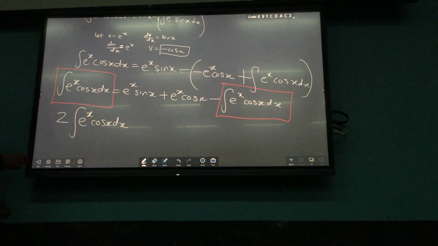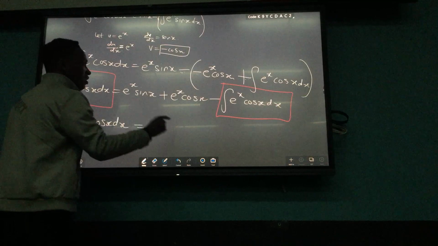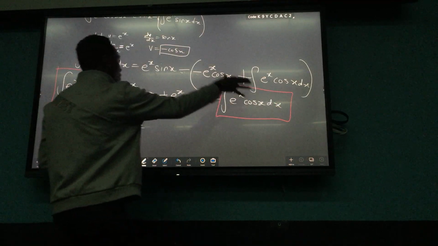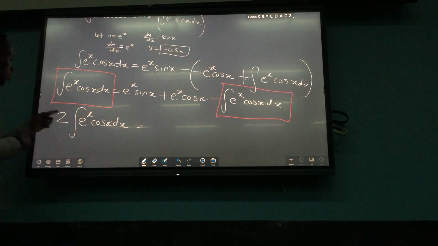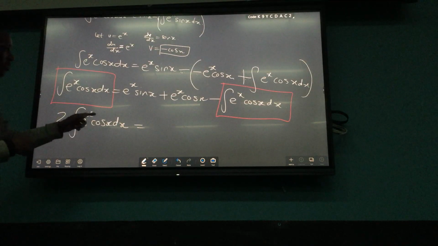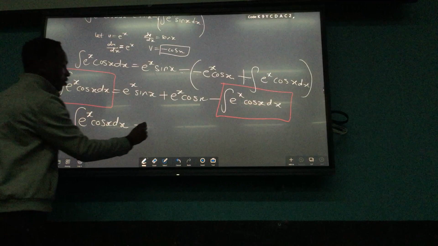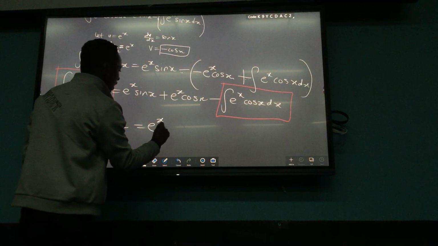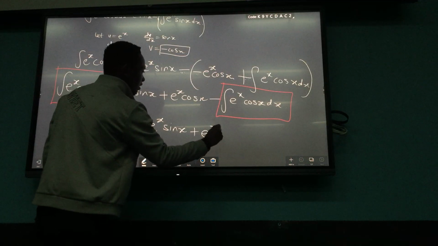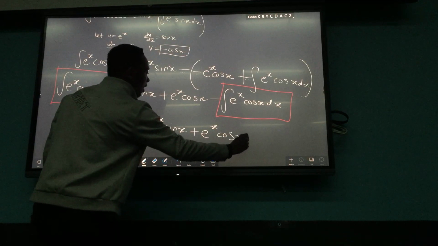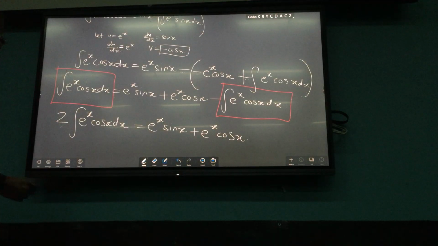It means it's no longer on this side. We have put it on this side, and we have put a 2 here because we now have two integrals of e to the x cos x dx. So on this side, we're going to have e to the x sine x plus e to the x cos x, right?